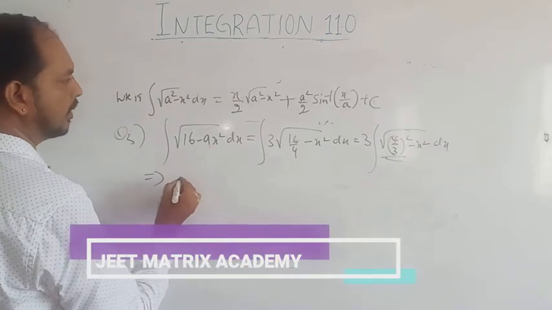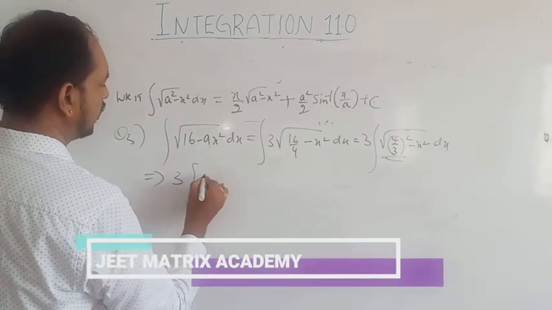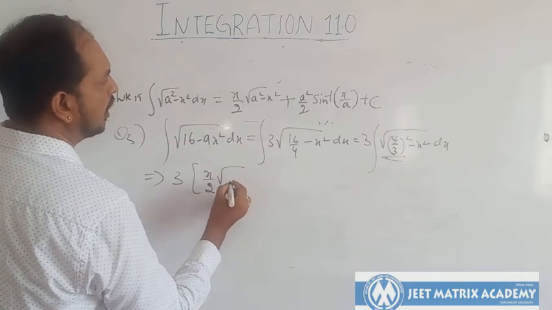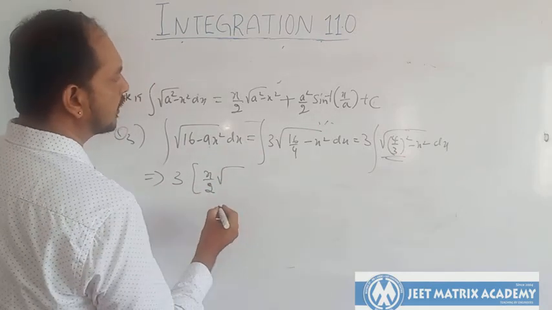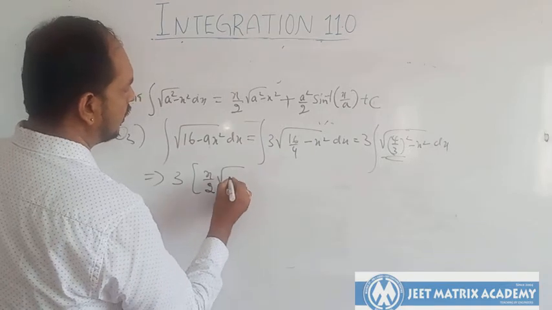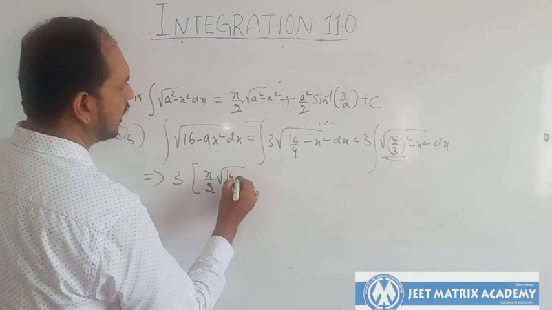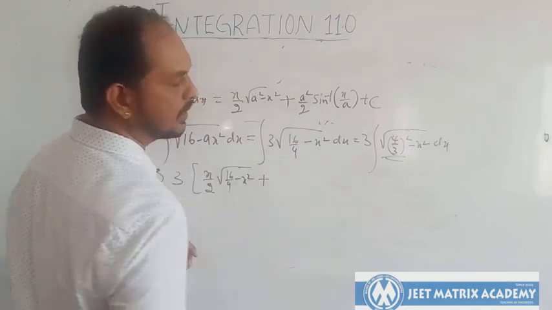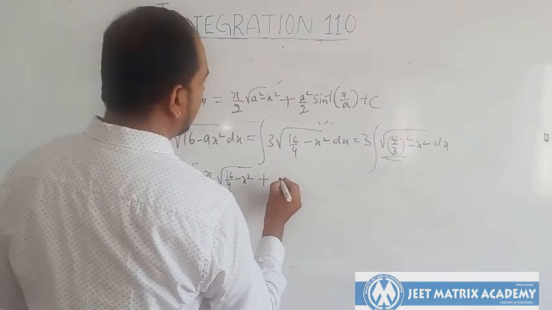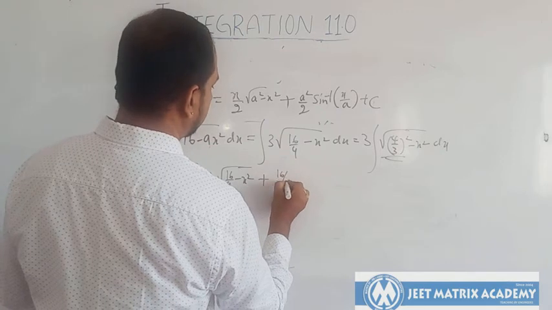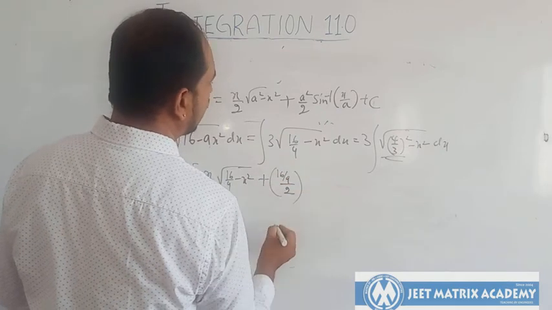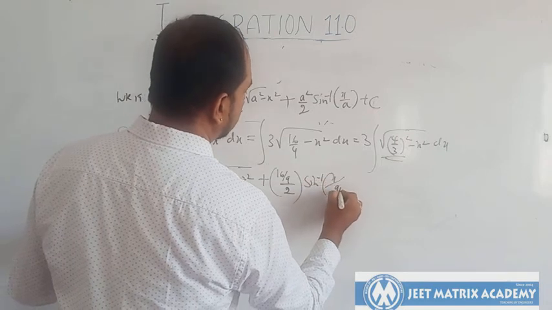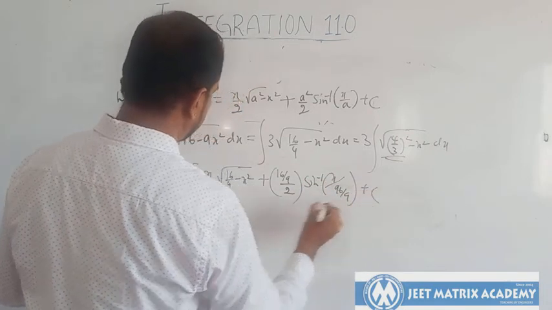So simply you could write this as 3 into x by 2 root of a square, that is 16 by 9 minus x square, plus a square, where a is 4 by 3, so 16 by 9 by 2 sin inverse of x by 4 by 3, plus c.